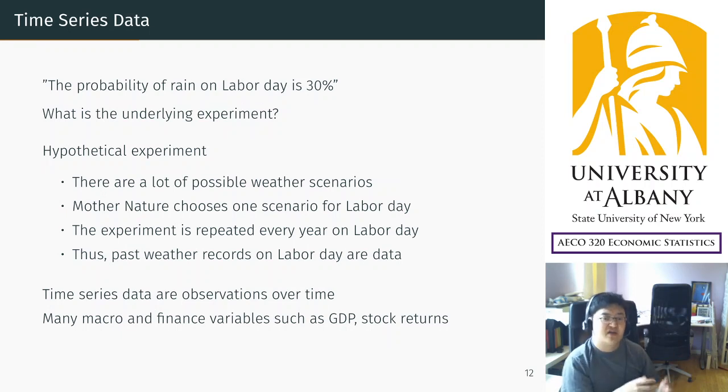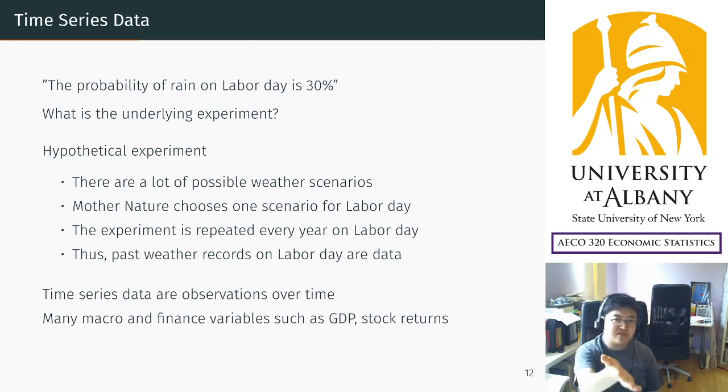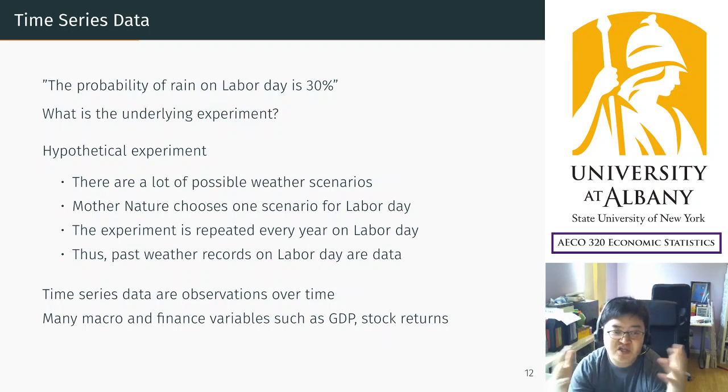That's how we understand that. And stock returns: what is the probability of the stock market going up tomorrow? That's another important probability we have to think about. But the experiment is a perfectly imaginary, hypothetical experiment. So this is how we justify the experiment and that probability.